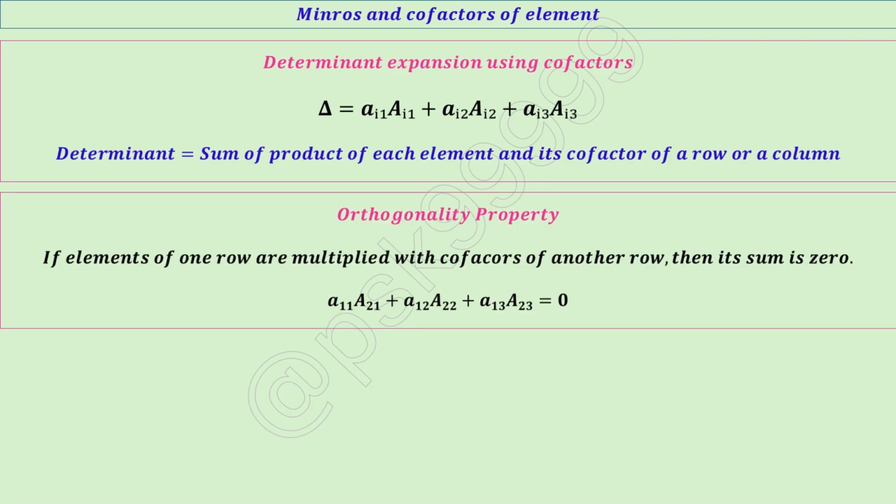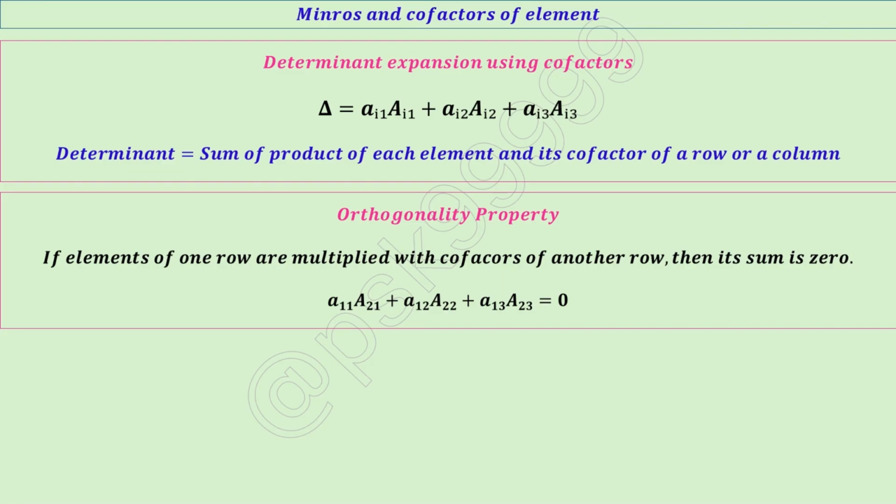What this says is, if you take any row or column's elements, here I took the first row elements, a11, a12, a13, and multiply each of them with the cofactors of the second or third row, in this example the second row, that is a11 A21 plus a12 A22 plus a13 A23, then the sum is 0.